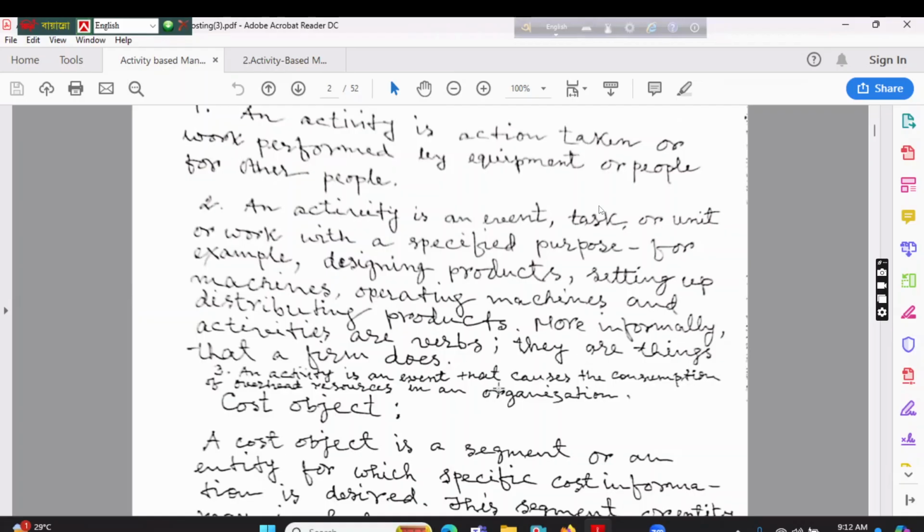They are things that a firm does. What a firm does. These are activities.